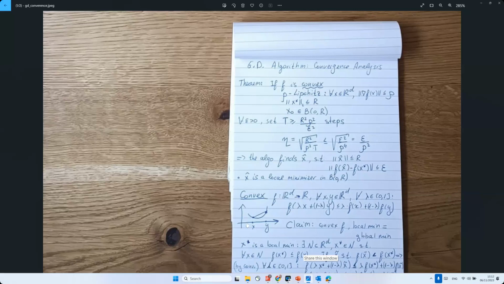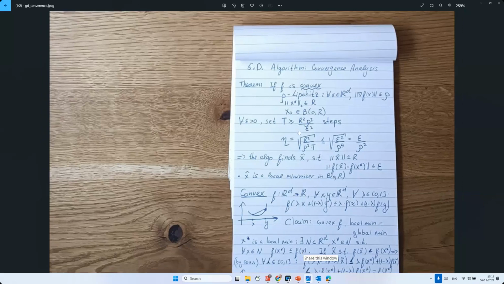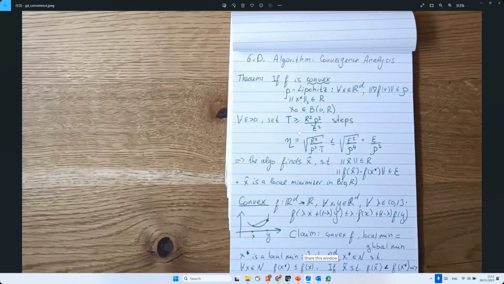It kind of makes sense because we don't want to make large steps and miss the minimum point, to jump somewhere far from the minimum point. So the step size should be small. So if we define this number of steps t, two things.